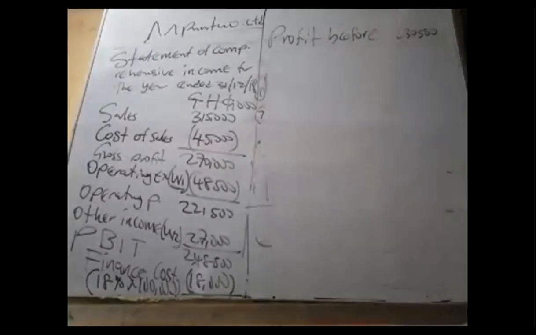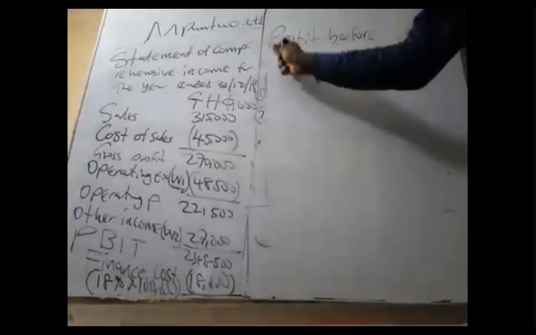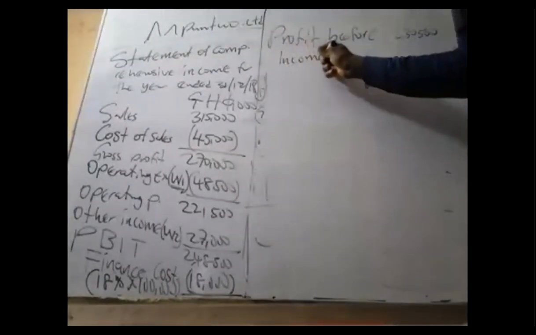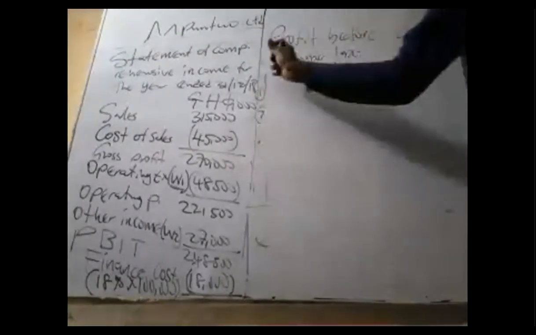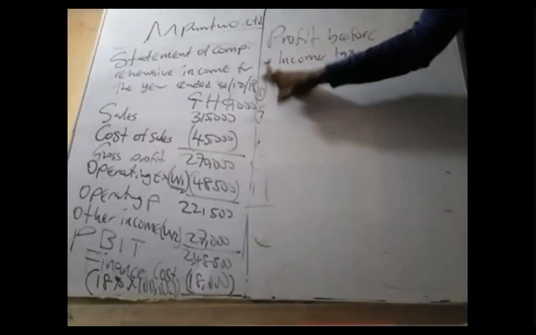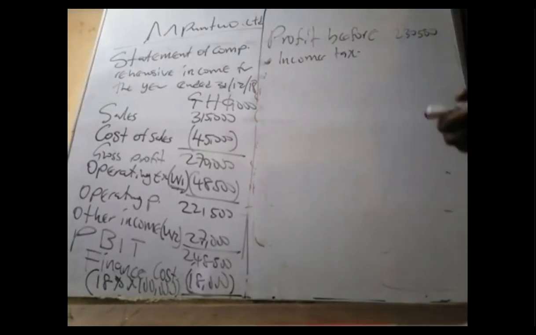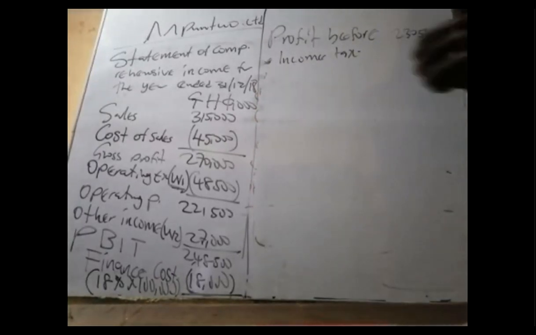What's the next answer? The next line will be what? Our income tax expense. For this one, I'll do it for you because we have to go through some series.